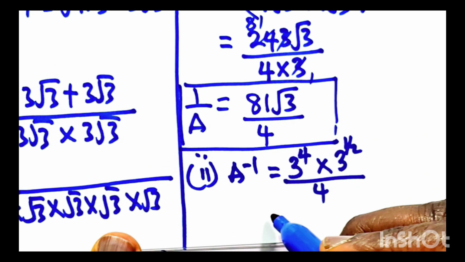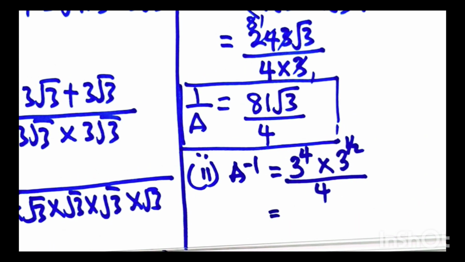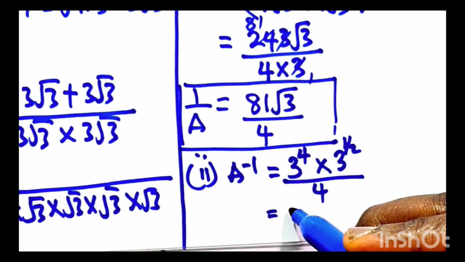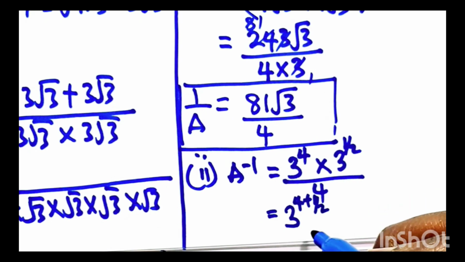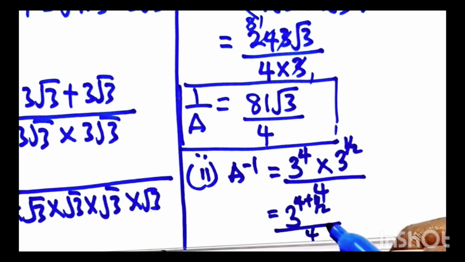If you look at the law of indices, the multiplication law of indices that says a raised to the power m times a raised to the power n is going to give a raised to the power m plus n. The same thing, because they have the same base, we're going to do the same thing: 3 raised to the power 4 plus 1 over 2, divided by 4.